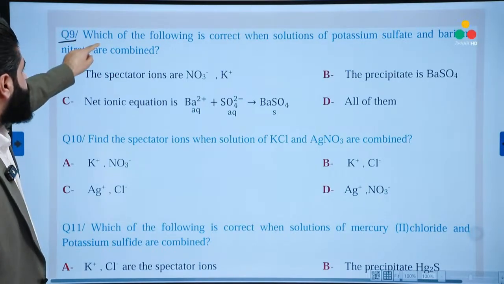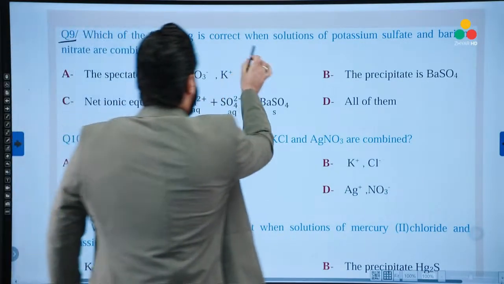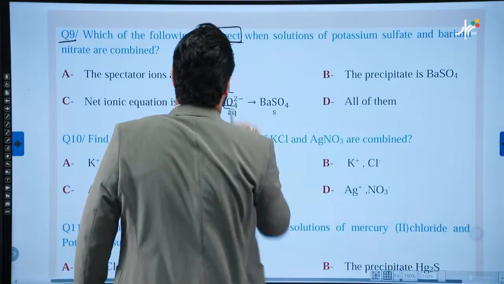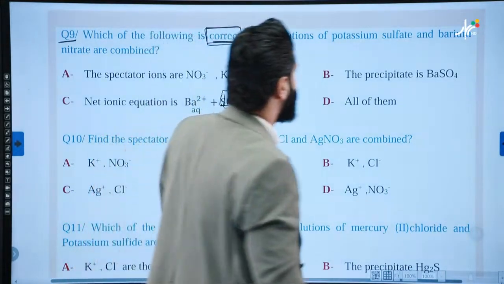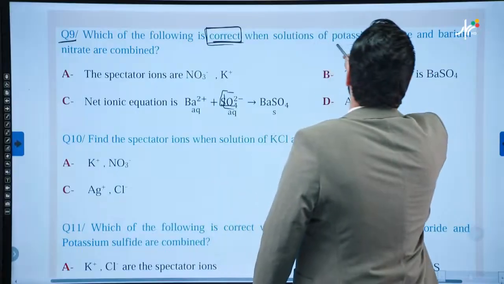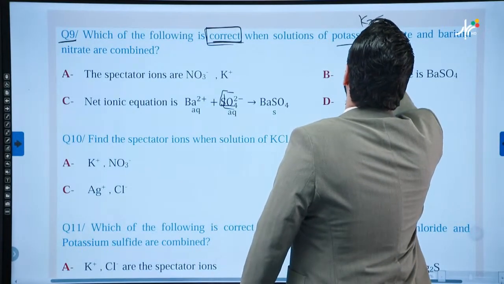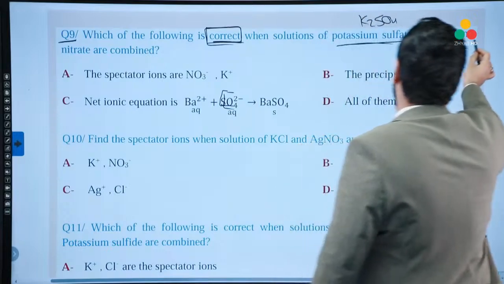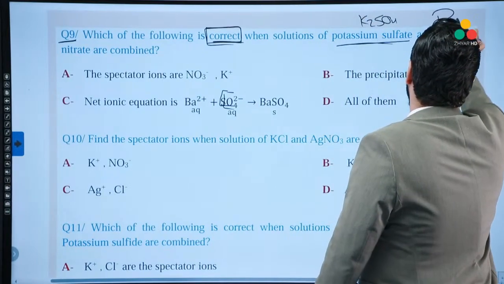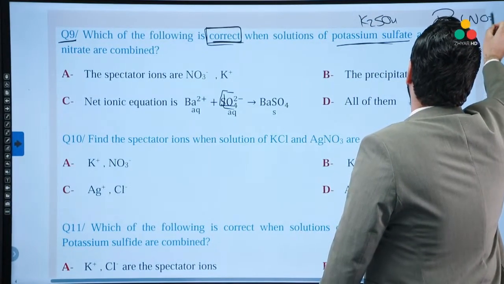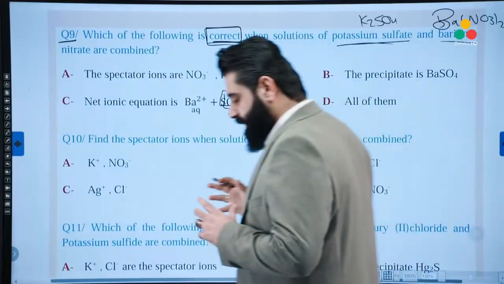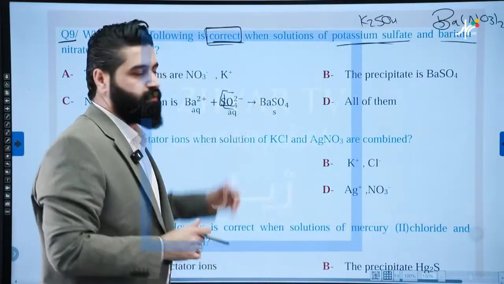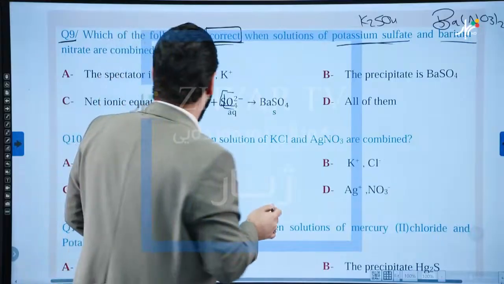Which of the following is correct? So I'm looking for the correct answer. When solutions of potassium sulfate, K2SO4, and barium nitrate, Ba(NO3)2, are combined, which of the following will be correct?